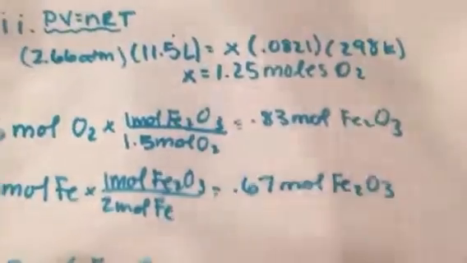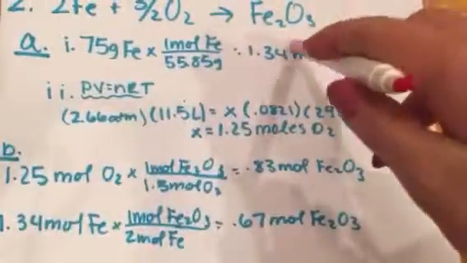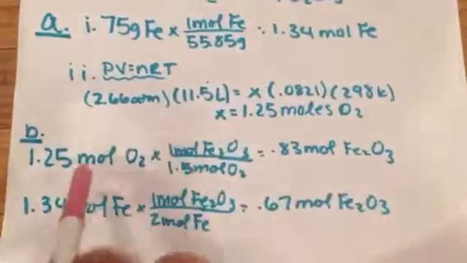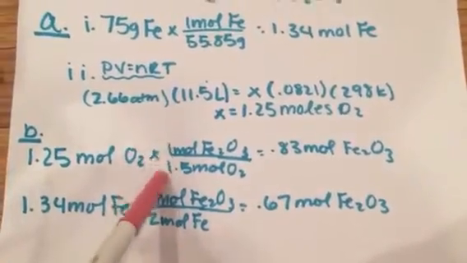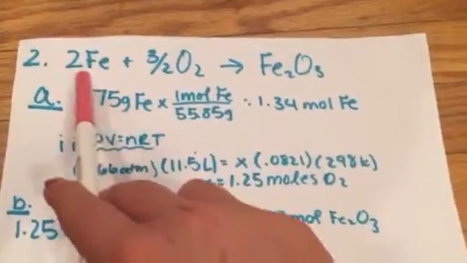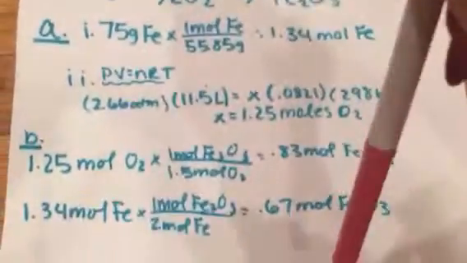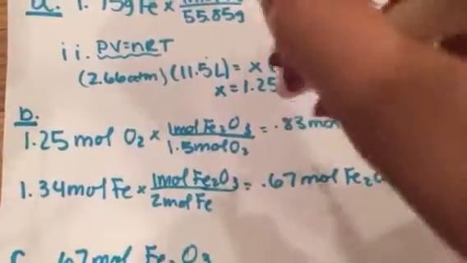Okay, so when we look at part B, we use the moles that we just calculated up here for our starting, so it's going to be 1.25 moles of O2. We are going to do a mole to mole ratio using the equation that it gave us in the original question.